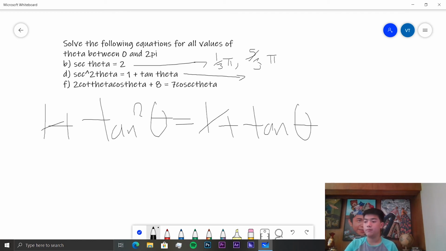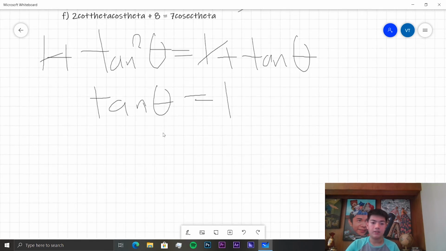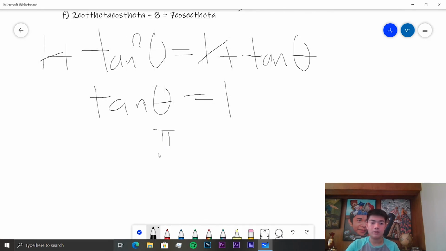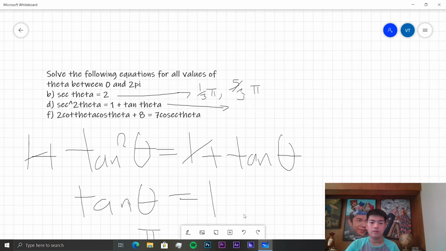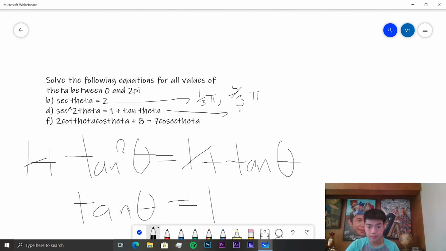Then we get that tangent squared theta is equal to tan theta. And therefore tangent theta must be equal to 1. And so the values for this are, of course, pi over 4 and, oh sorry, 5 pi over 4. So we have 1/4 pi and 5/4 pi.